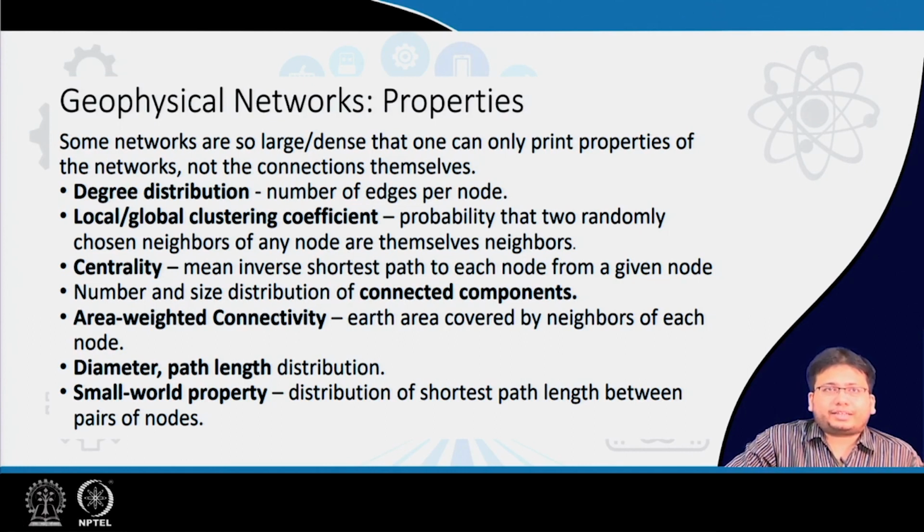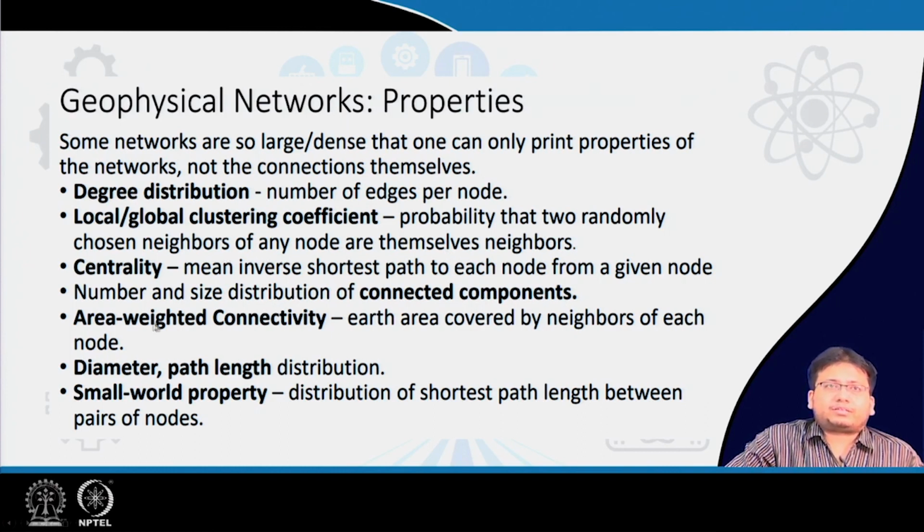Clustering, as the name suggests, indicates whether neighboring nodes are densely connected with each other or not. Specifically, it is the probability that two randomly chosen neighbors of any node are themselves neighbors.